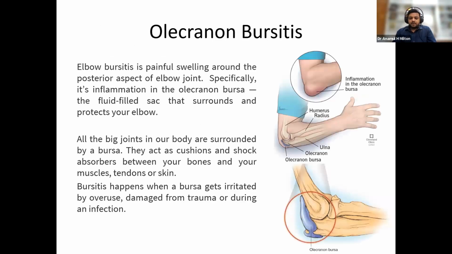Now the part on bursitis. The olecranon bursa is very common, and many times we have found this. It is just at the posterior part, where we can feel the bursa. There are more than 150 to 170 bursae in our body over the joints or muscles. Many times, if there is direct trauma of the posterior elbow over a hard surface, it may cause inflammation of the bursa.